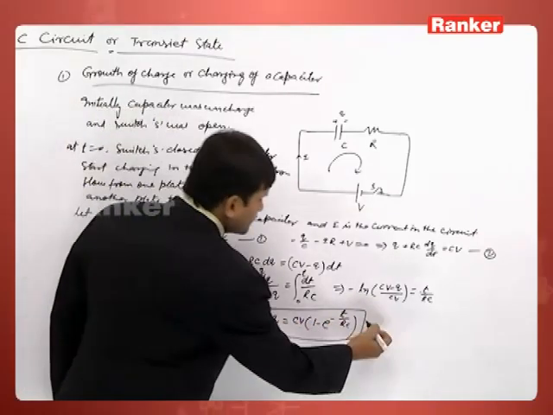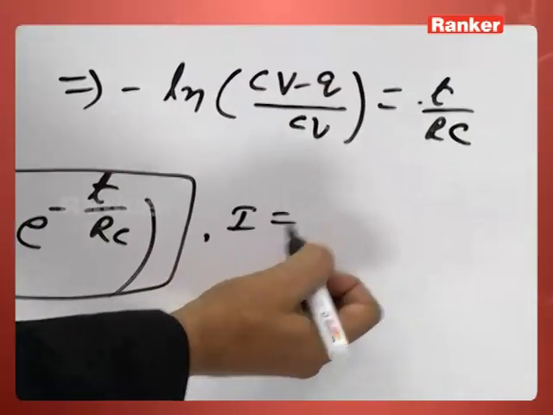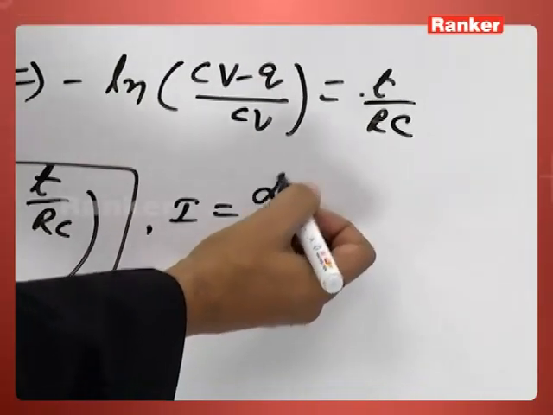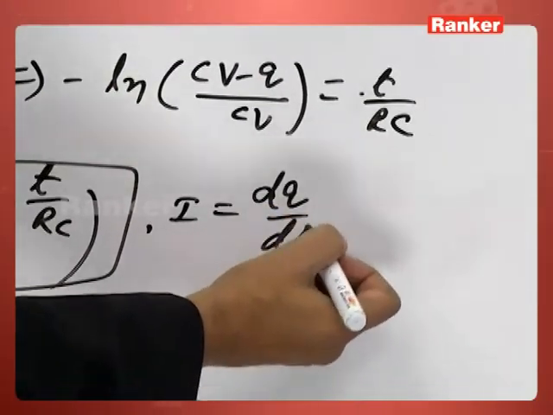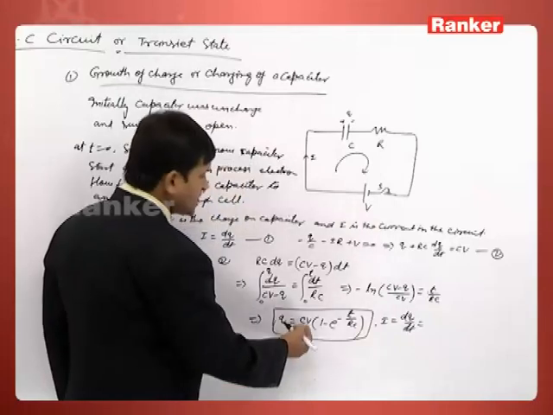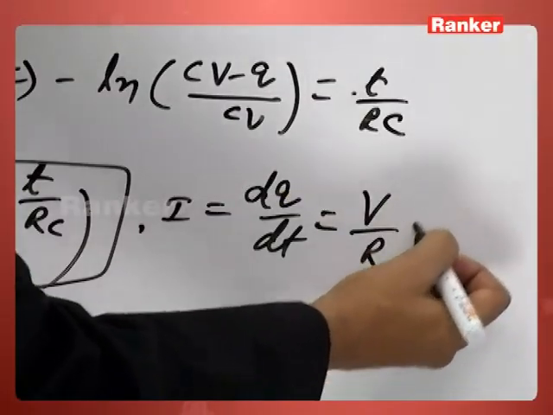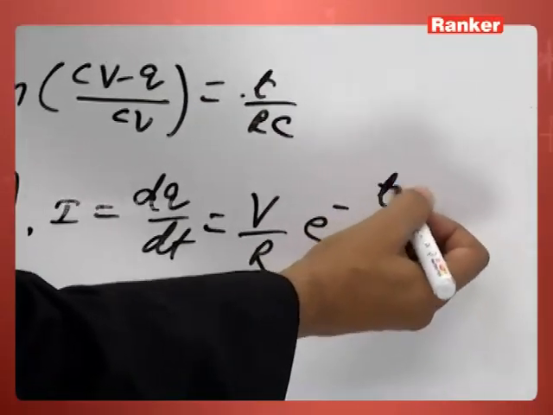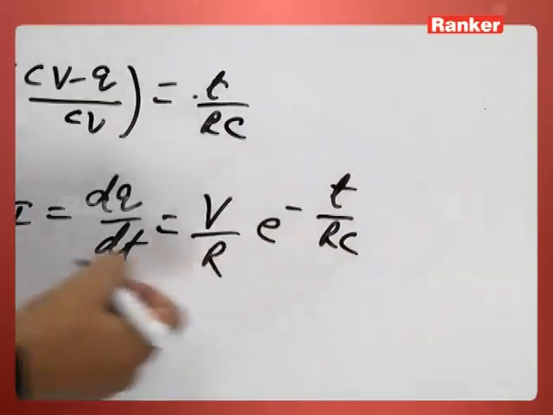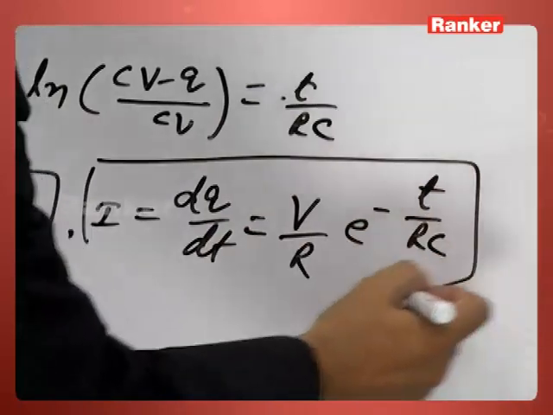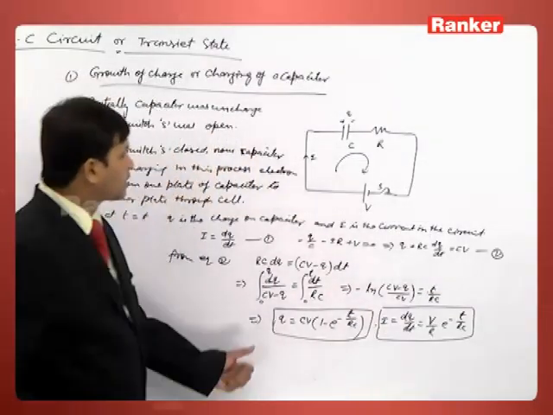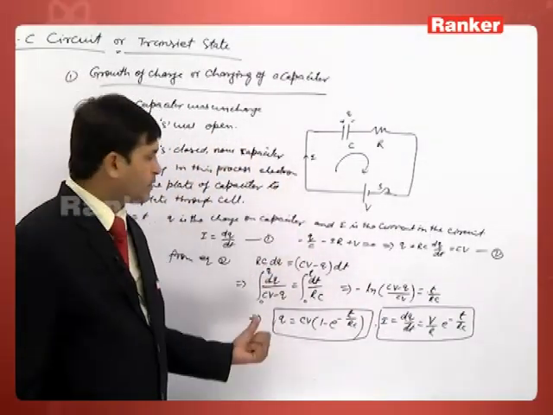And current i is written as dq by dt. Just differentiate this one, we will get V by R e to the power minus t by RC. So this is the solution of this particular problem.